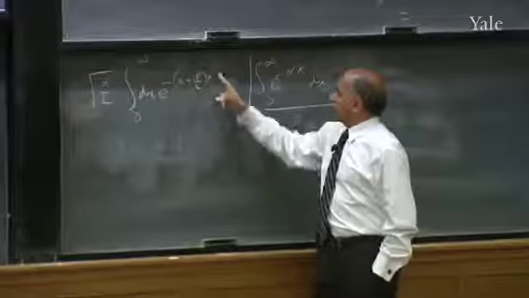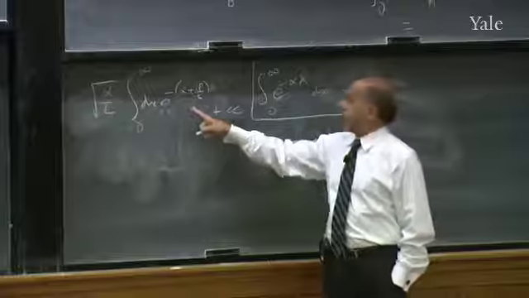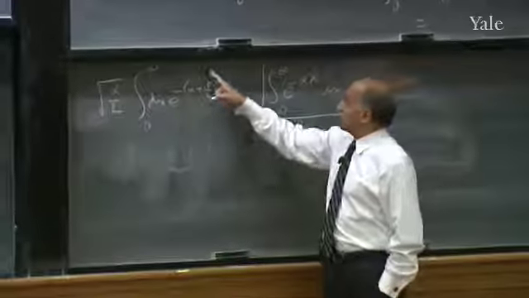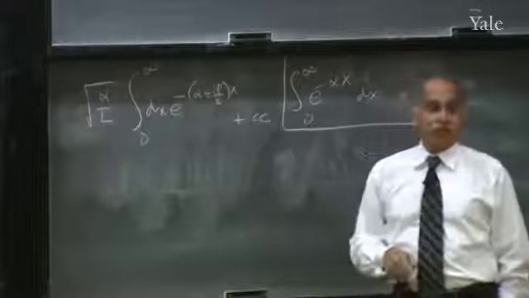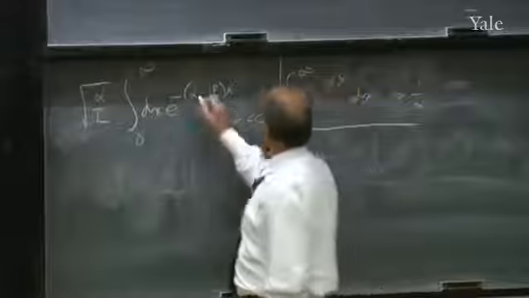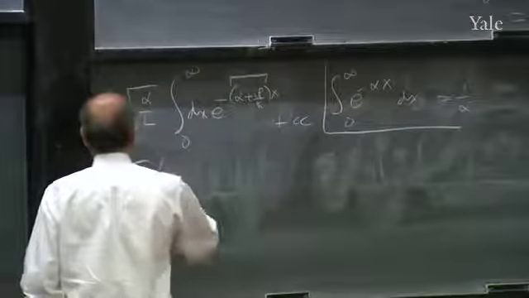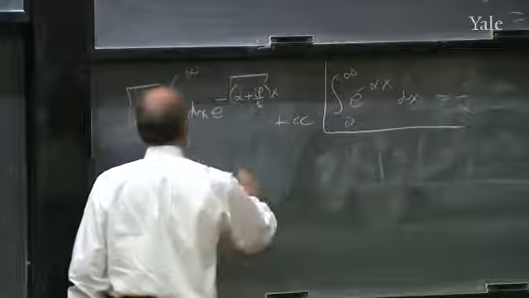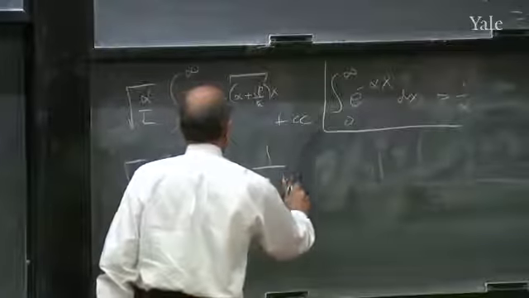Now, you may be very nervous about doing this integral with a complex number in it. If it's real, we all know the integral is just 1 over alpha. It turns out it is true even if it's got an imaginary part as long as you have a positive real part. In other words, the answer here doesn't depend on this being real. So it's really square root of alpha over L times 1 over alpha plus IP over h bar, plus the complex conjugate, which is alpha minus IP over h bar.